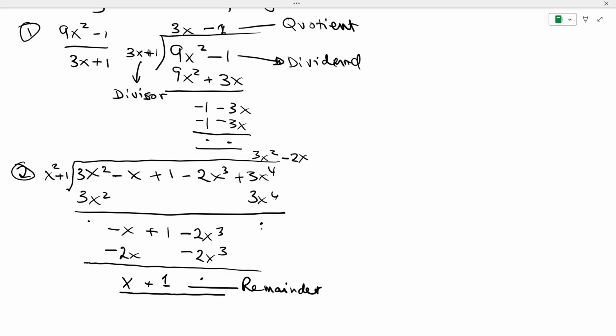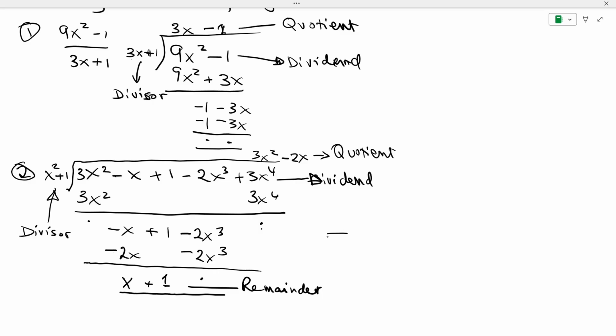So that's the remainder. And again, this one is considered to be the dividend. And this expression here is called the quotient. And then this expression here is called the divisor.